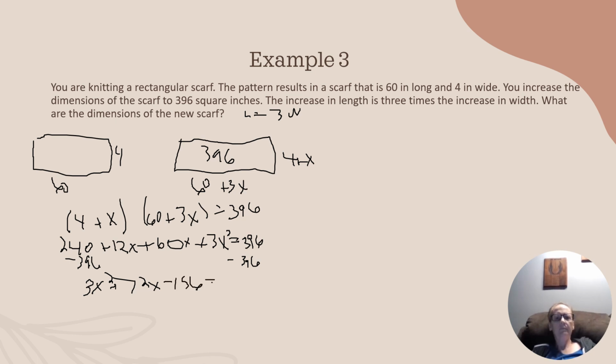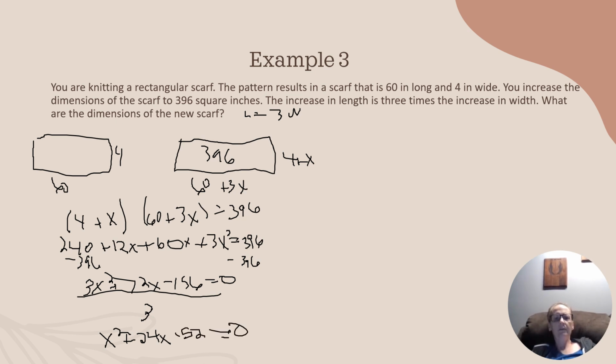And then I get 0. All of those numbers are divisible by 3, so I'm going to go ahead and divide out a 3. That's x squared, then, plus 72 divided by 3 is 24x. And 156 divided by 3 is negative 52 because it's negative.